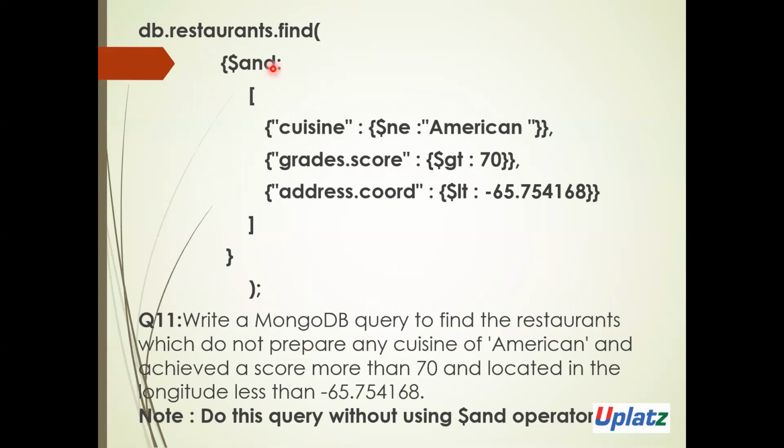The next question is: write a MongoDB query to find the restaurants which do not prepare any American cuisine, achieved a score of 70 or more, and are located at a longitude less than a given value. It is the same question, but with one condition: we should not use the AND operator.